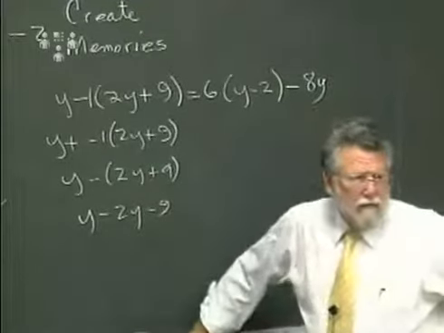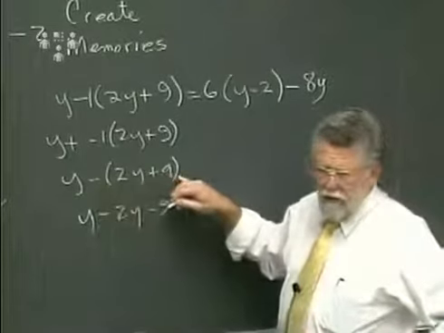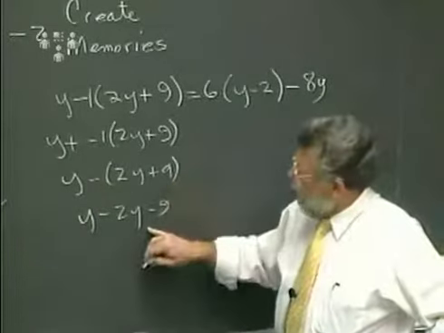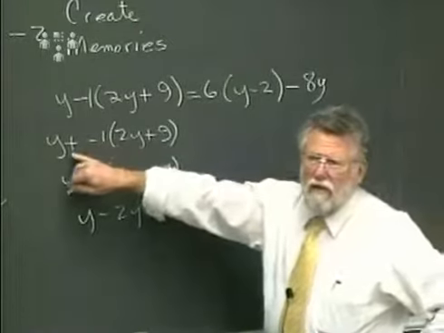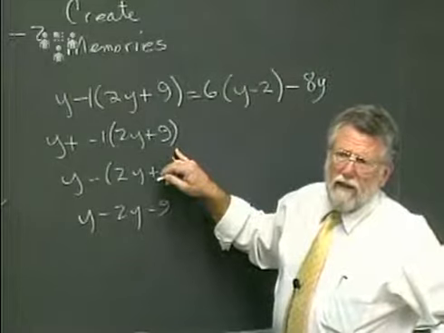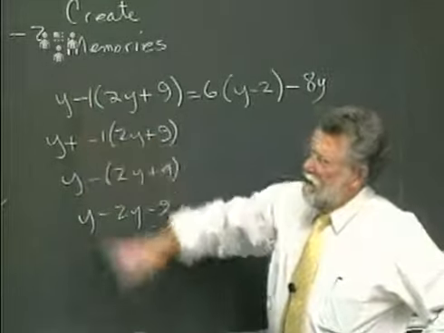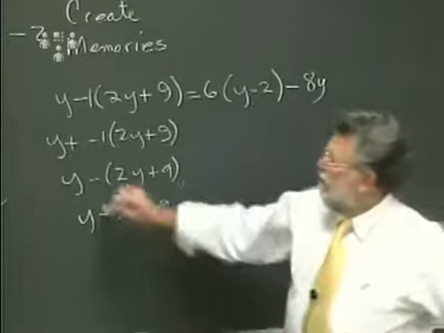Your choice. Now, if you know that the minus sign simply goes through and changes each of these, then go here. If you need to rewrite this with a minus 1 in front, with a plus sign there, go to it. Okay. Here I didn't change the minus to a plus.